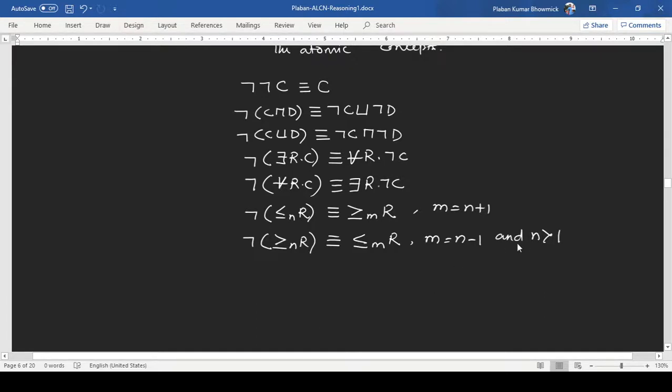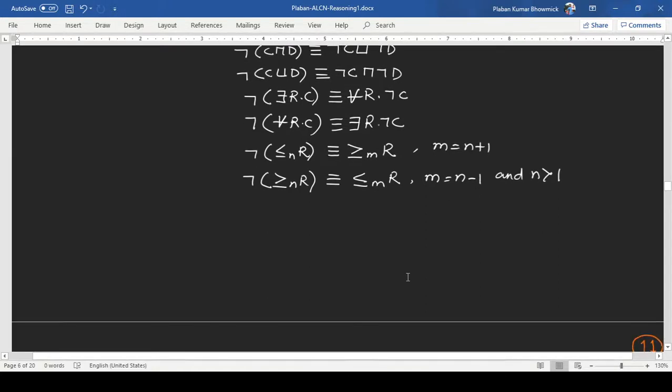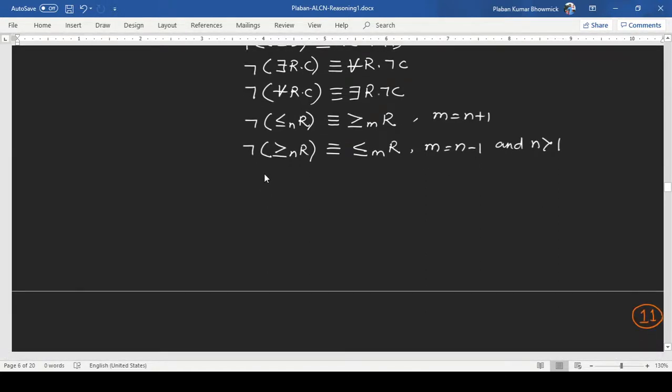Now if N is equal to 1, M becomes 0, which is not there in your concept expression. It's not a valid concept expression. So we have to handle that case differently, right? How do we handle that case? Negation of greater than or equal to 1 R. So this is the special case, right? What I'm trying to say here is that it is not the case that A has at least 1 R successor.